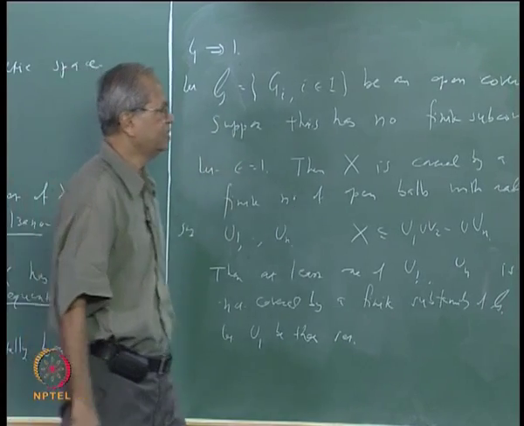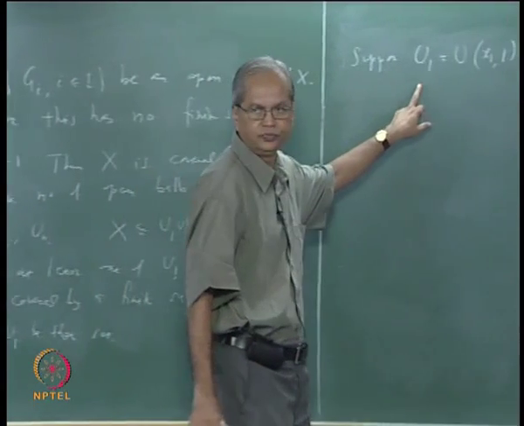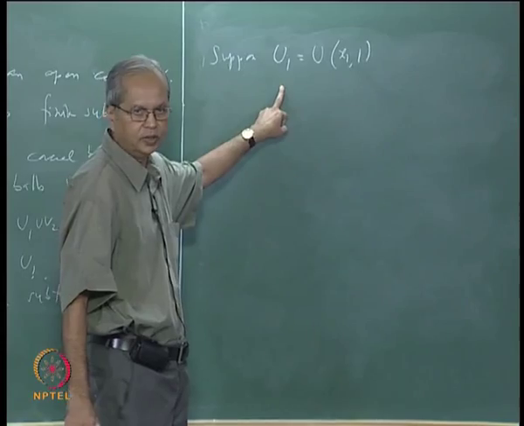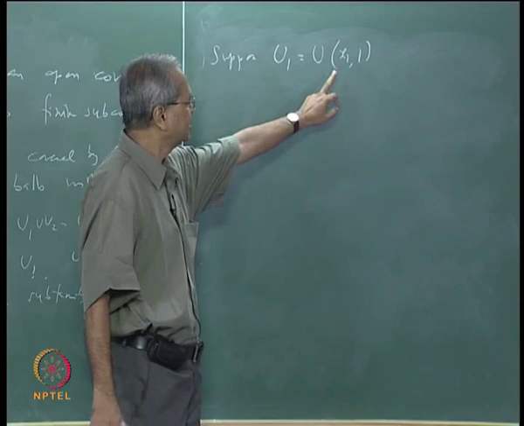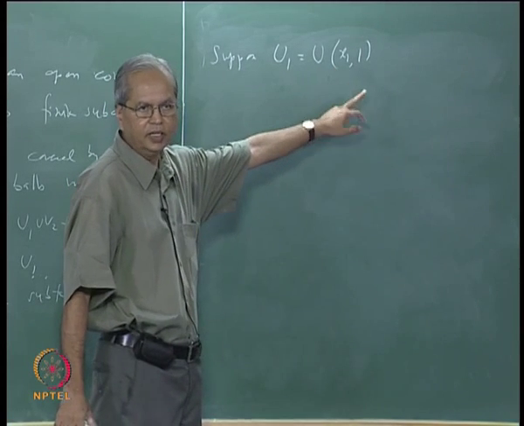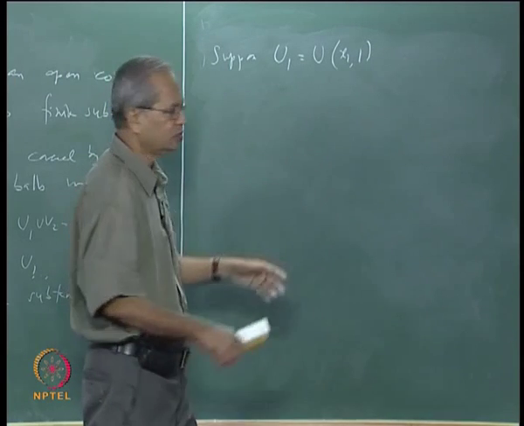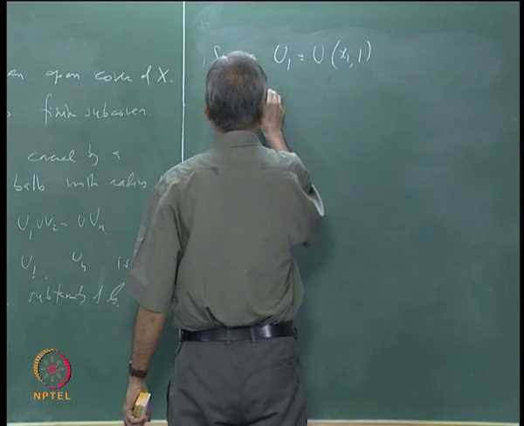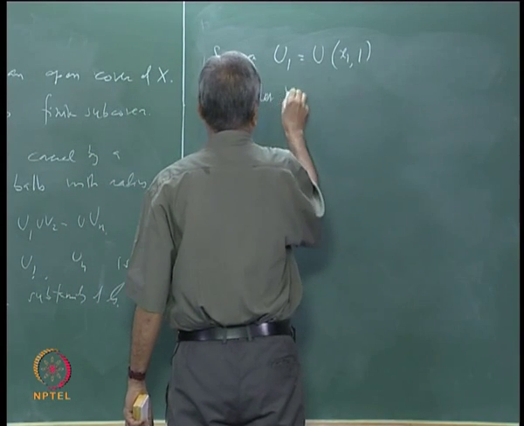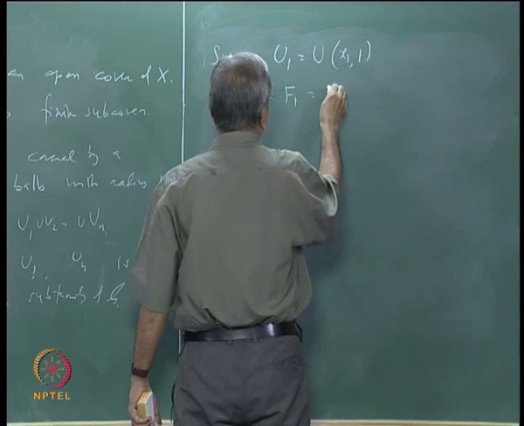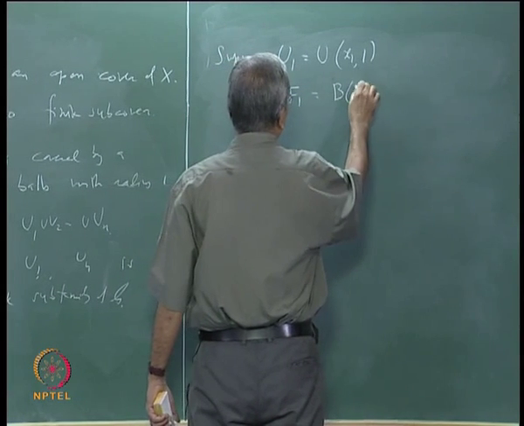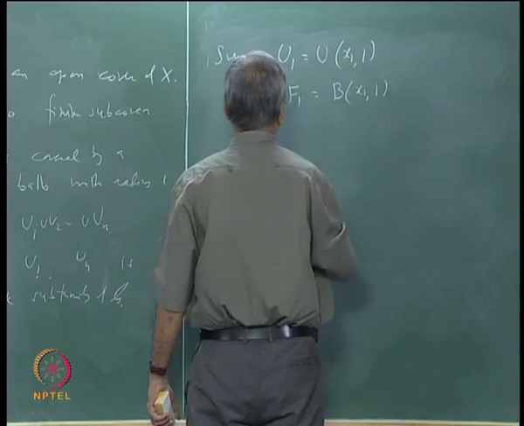Now what I will do is take a closed ball with the same center and the same radius, okay. So let F1 be the closed ball with the center at x1 and radius 1.